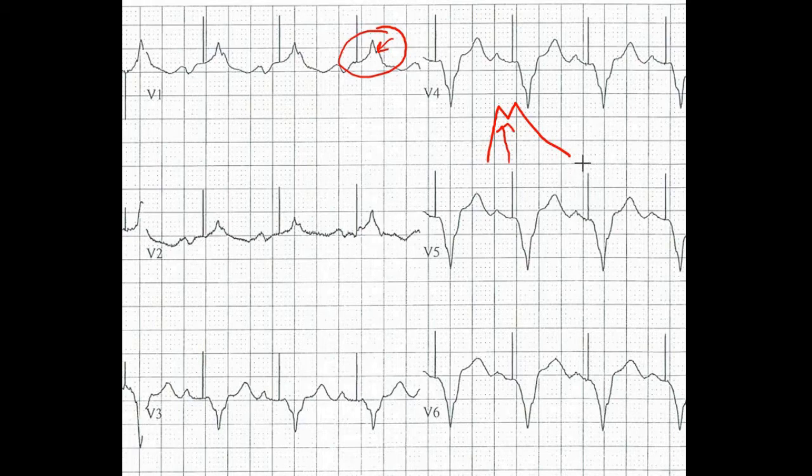They're notched. We sometimes see RSR prime, we call them, because we see the rabbit ear, bunny ear kind of thing. So how can you be so sure that this is not a notch? It's actually the J point in that QRS.